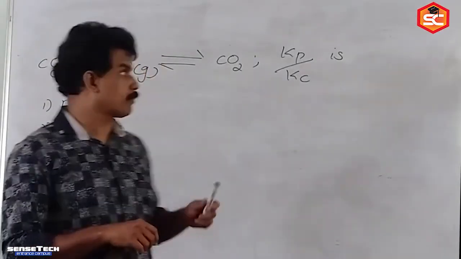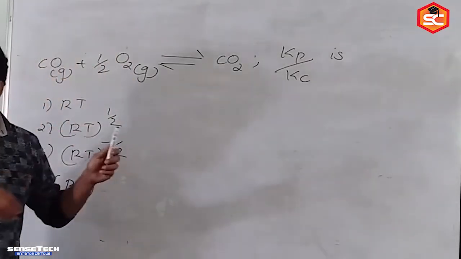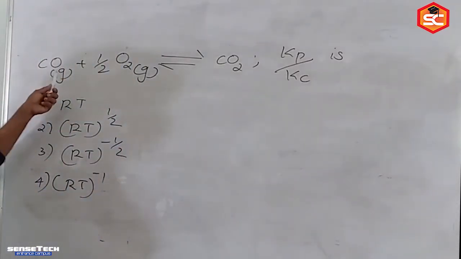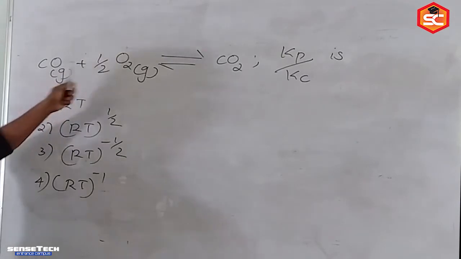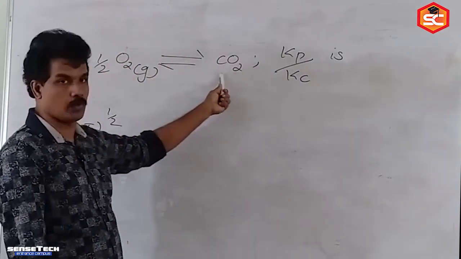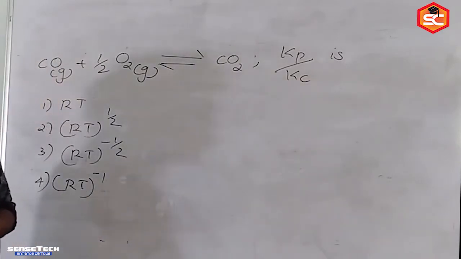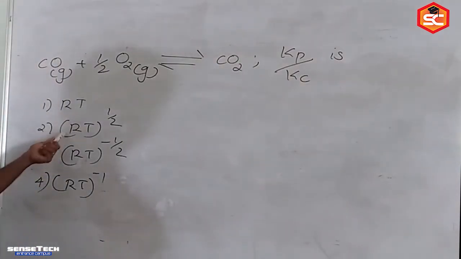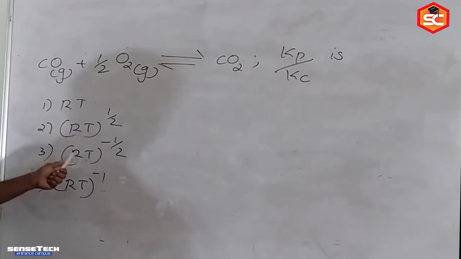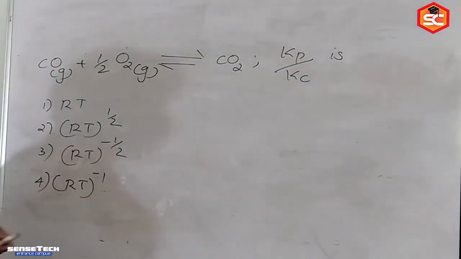Okay, so next we can practice some questions based on the topic. The first question is for the reaction CO plus SiO2 reversibly giving CO2. What is the relation of Kp by Kc in this question? So they have given RT raised to 1 by 2, minus 1 by 2, RT raised to minus 1.